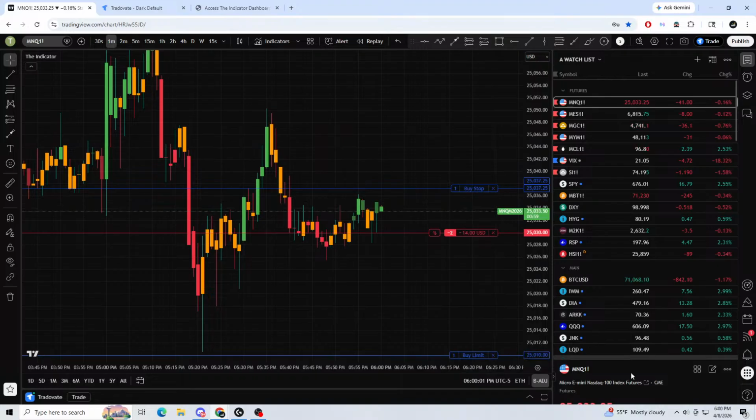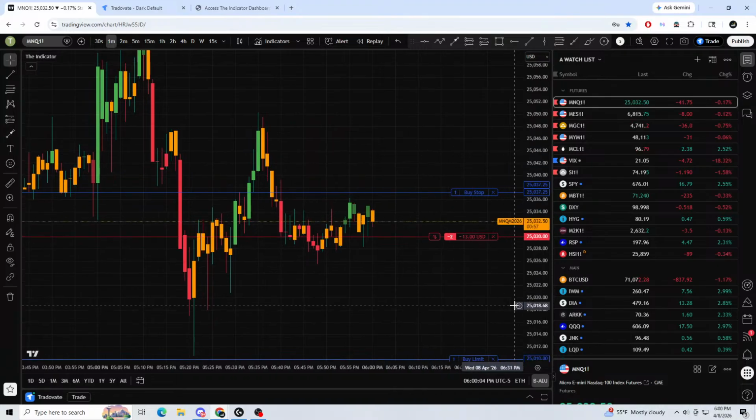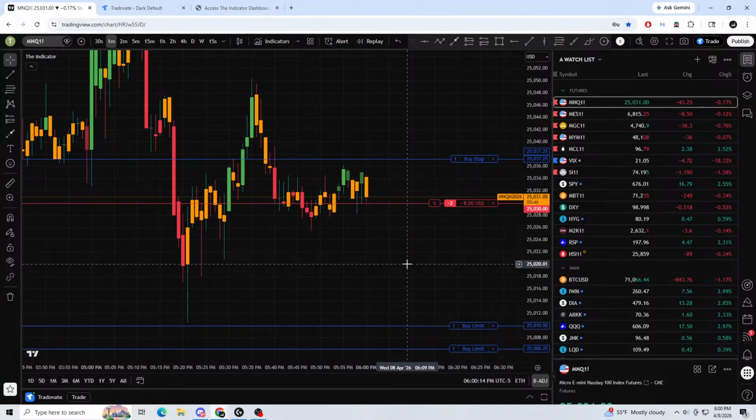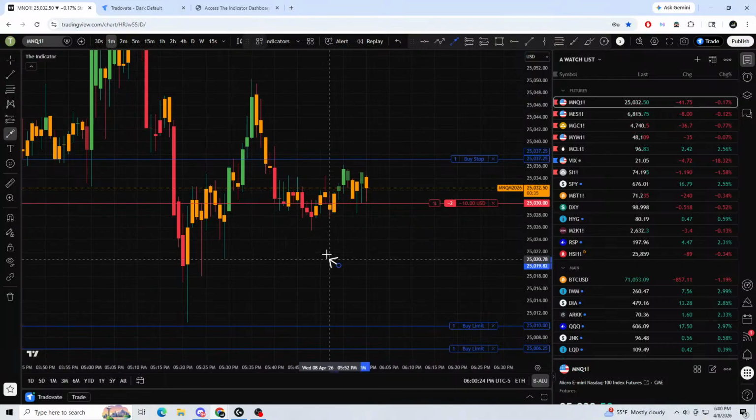Well, it's right at 6 o'clock, or 7 o'clock, depending on East Coast or Central Time. And even now, when the hours start, we're just getting nothing. So again, keep in mind, orange candles are just consolidation.